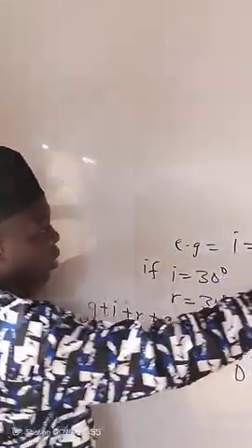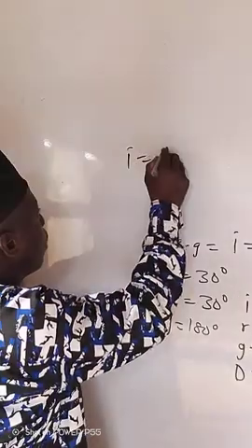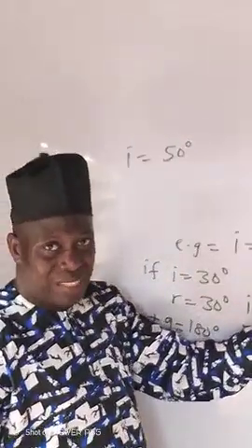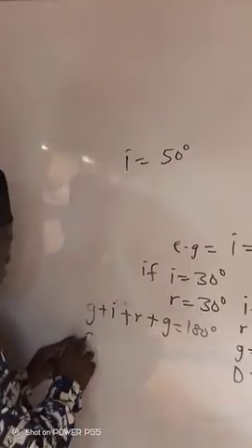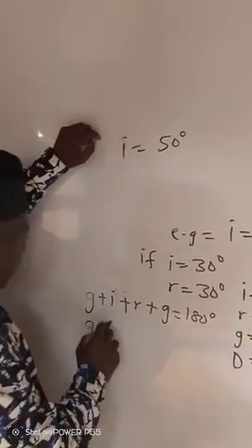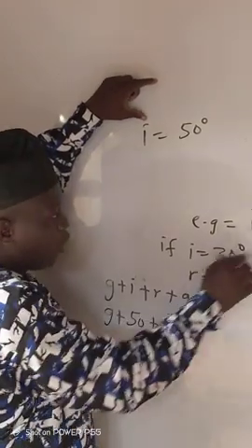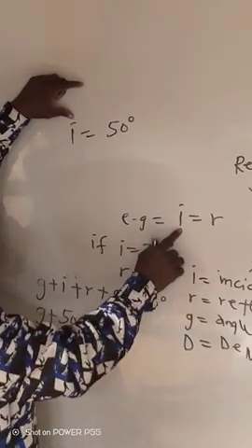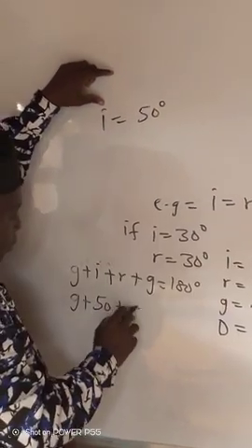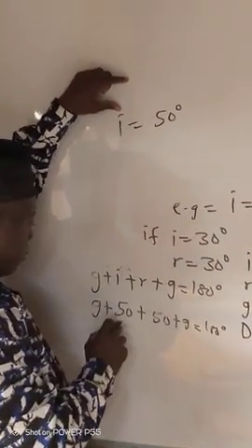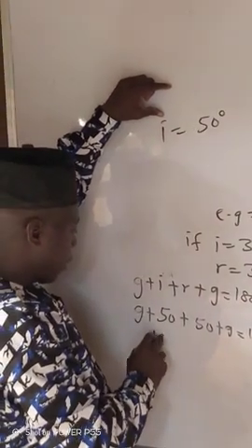If the question says our I is equal to 50 degrees, we should calculate the angle of glance. We just say that G plus I, which is 50, plus, recall that I is equal to R, so when I is 50, R is also 50, plus G is equal to 180 degrees. 50 plus 50, 100.